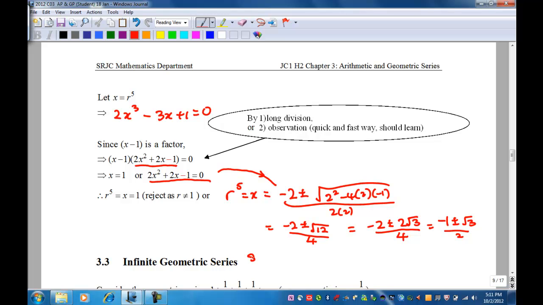Since it is given in the question that r is positive, we know that r power 5 has to be positive, and therefore r power 5 must equal negative 1 plus root 3 over 2. And that answers the question. Thank you.